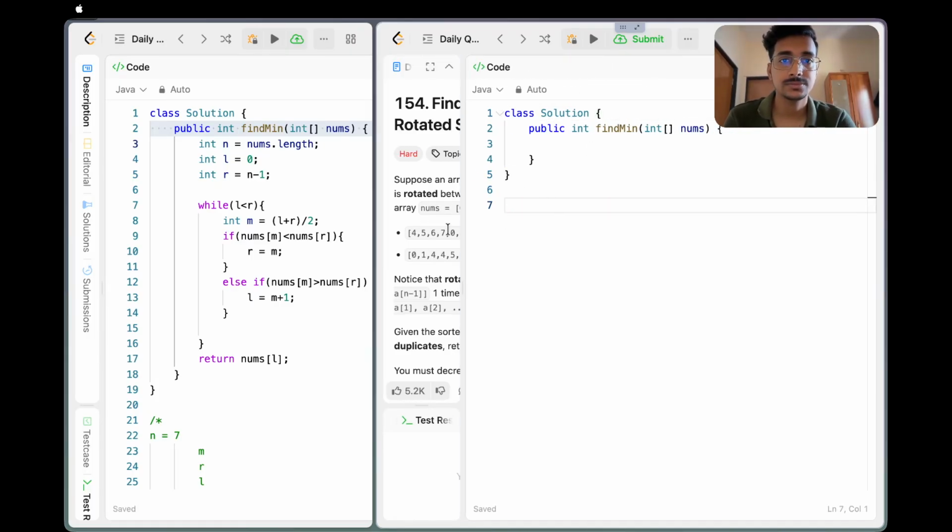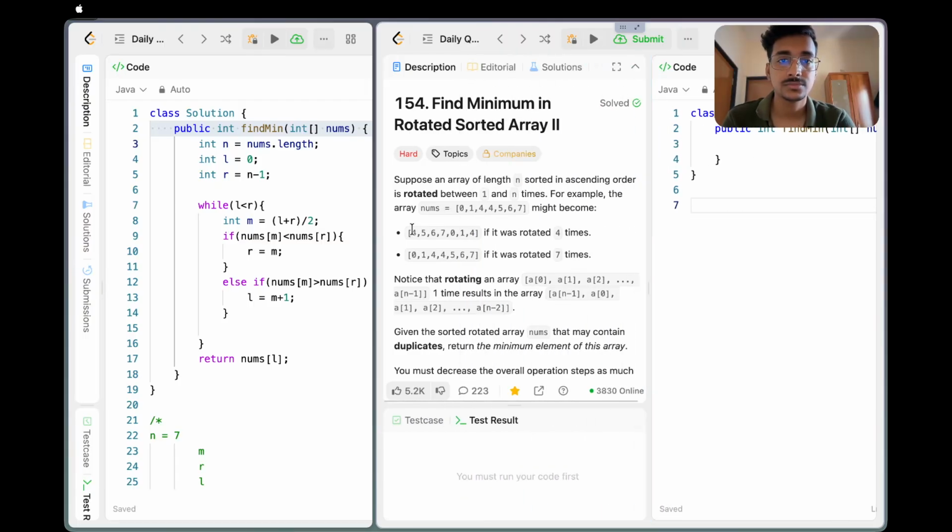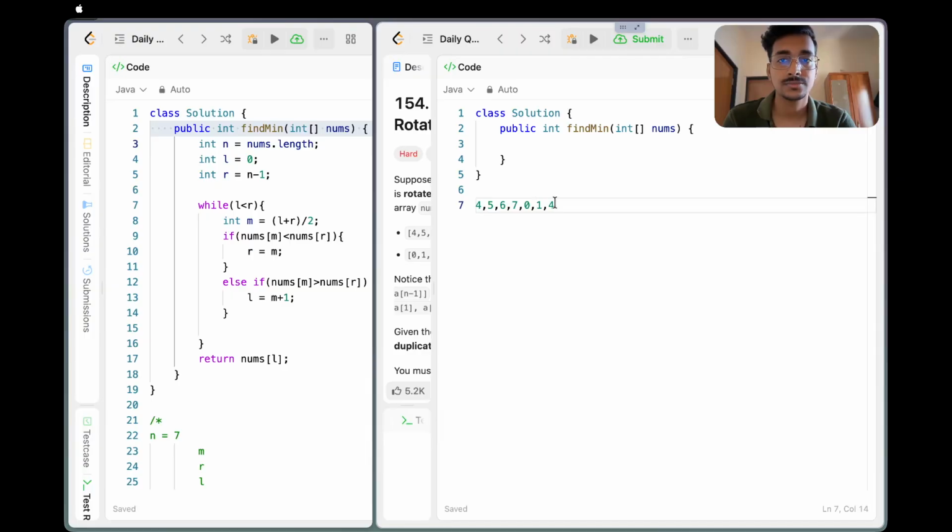Okay, what happened? Left is here, R is here, at this point.